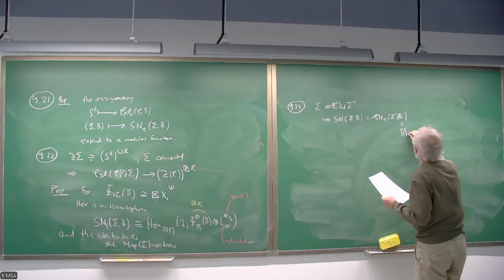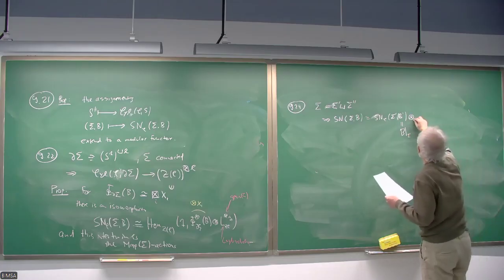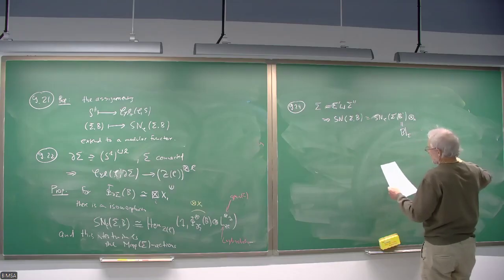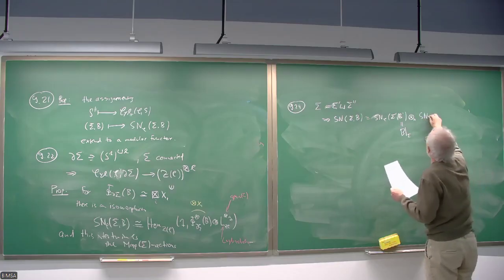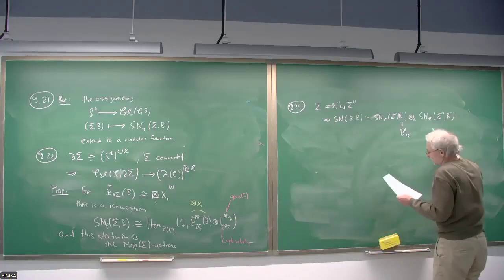B prime is B respective to sigma prime and analogously for B double prime.